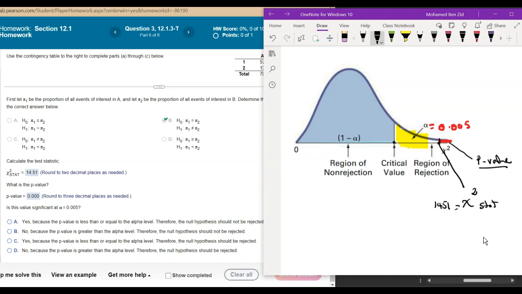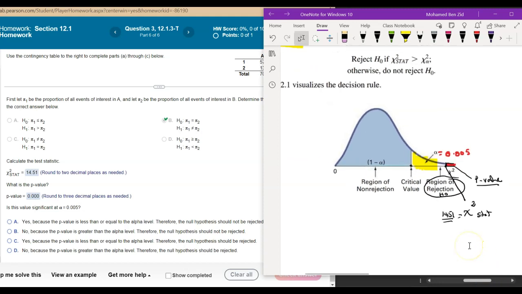But we know it is definitely smaller than 14.51. So the chi-squared stat, which is past the p-value, is within the rejection zone of H0. So definitely I'm rejecting H0.